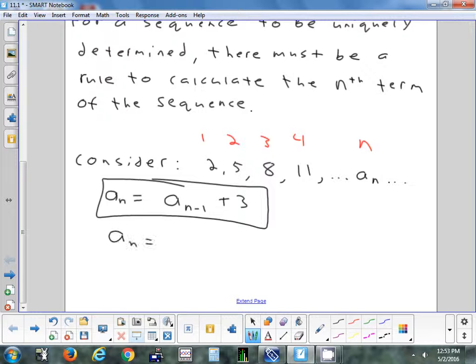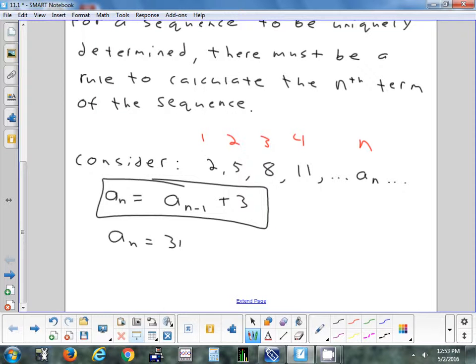Does anyone see a different formula based on the term number? Some arithmetic you can do with the term number to get the actual term. I'll give you a hint, it has to do with tripling the term.